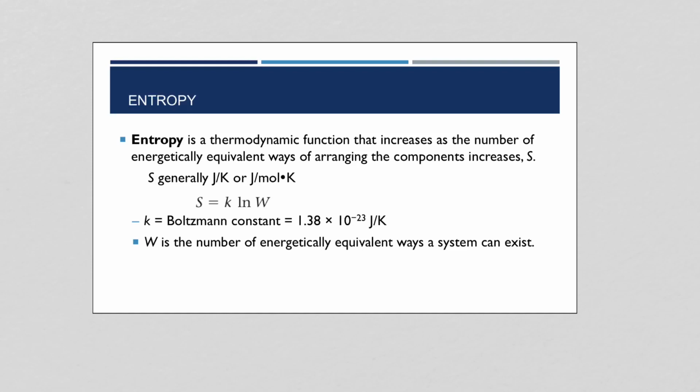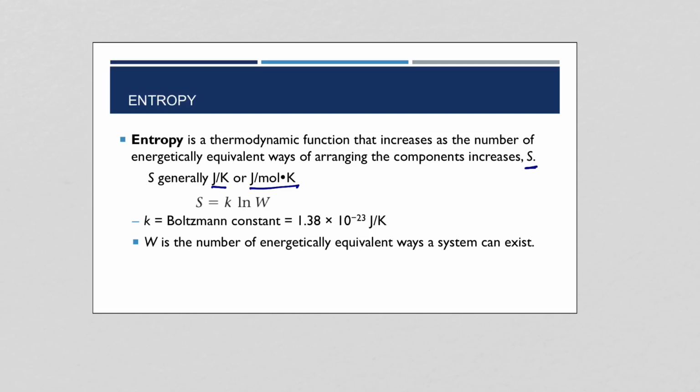Now, on a general level, we think about entropy as disorder or randomness, right? But in a more systematic definition, entropy is a thermodynamic function that increases as the number of energetically equivalent ways of arranging the components increases. And entropy is abbreviated by the letter S, and it typically has units of joules per Kelvin or joules per mole Kelvin, right? So it's energy units per temperature.